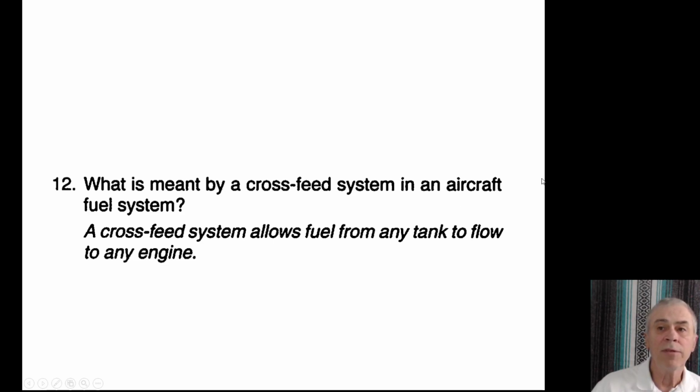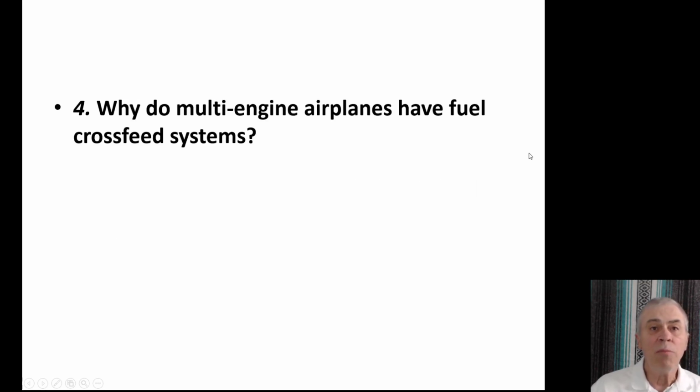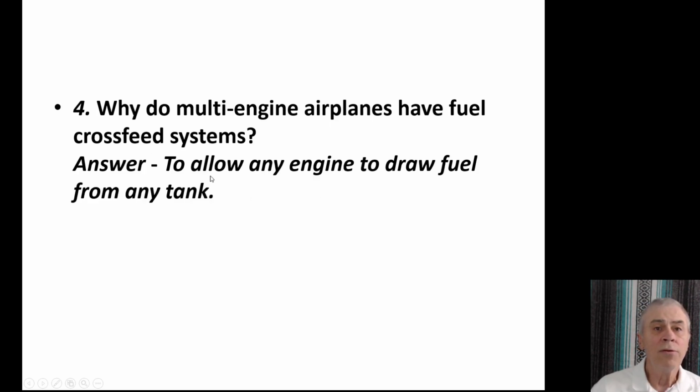All right, we've seen those types of questions before. Why do multi-engine airplanes have fuel cross-feed systems? Probably the same type of answer, so that any of the engines can draw fuel from any or all of the fuel tanks. To allow any engine to draw fuel from any tank.